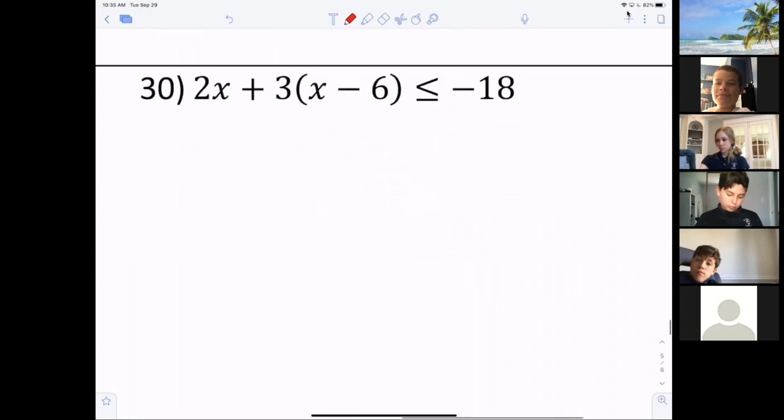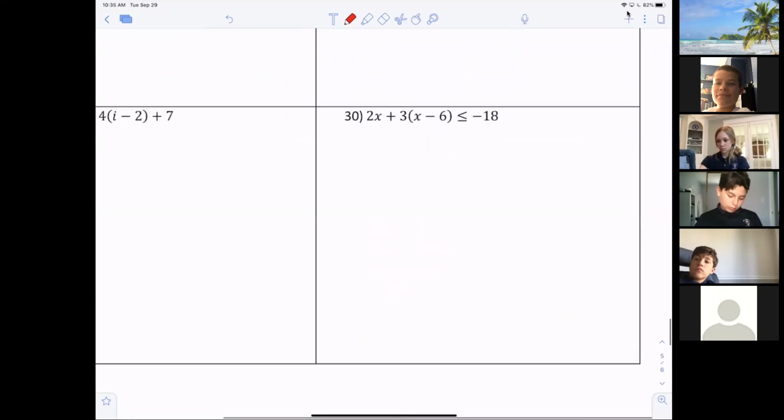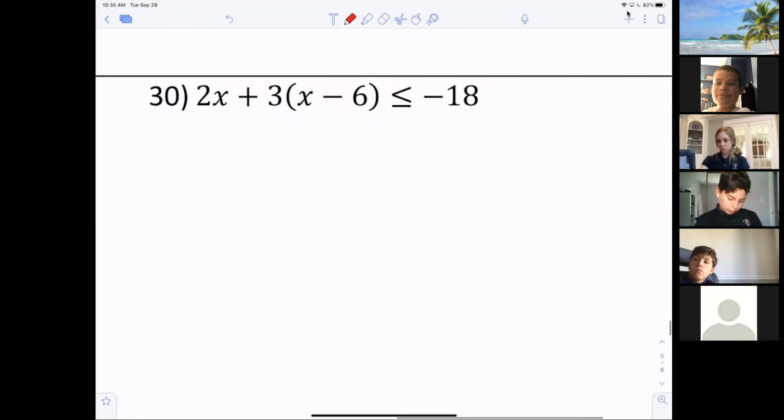Is that the last one? Yeah, the last one. That's a good job, guys. Okay, now do you agree, Jake, we can't really do it here, right? Because there's x's and numbers. So distribute the 3, guys. Here we go.